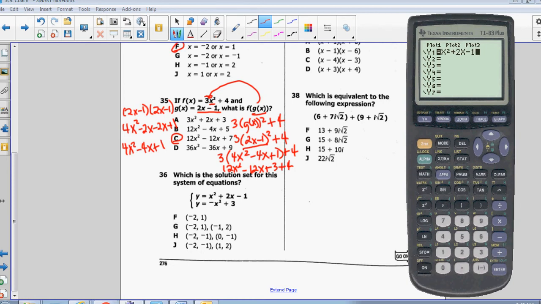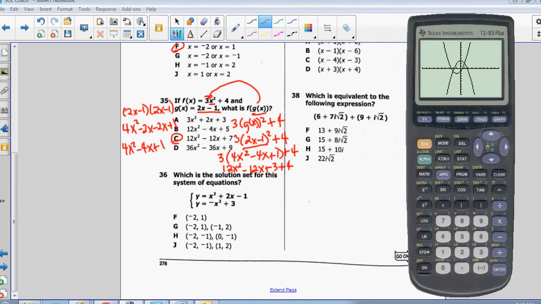And then in your y2, you're going to type negative x squared plus 3. Graph that. And sometimes you can eyeball these solutions. Sometimes you need to use your intersect. Looks like I put something incorrectly in my y equals. Yep. So sometimes if you get an error, it means that you put a minus instead of a negative, or a negative instead of a minus. So try that again. There's your parabola, and there's your second parabola.